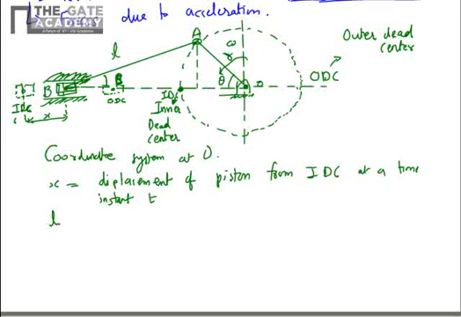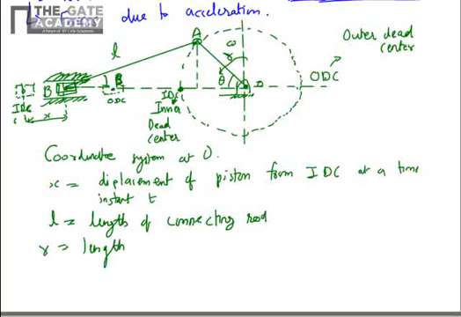The known parameters in the problem are L, length of connecting rod, and R, length of crank.